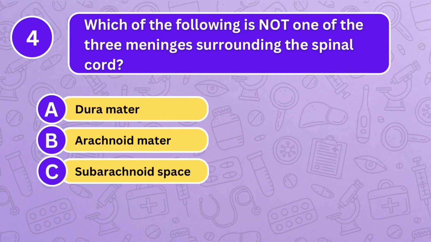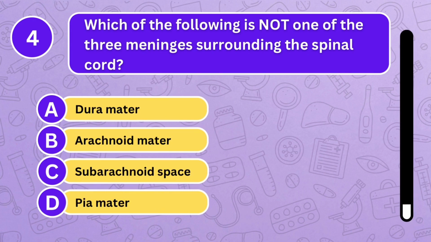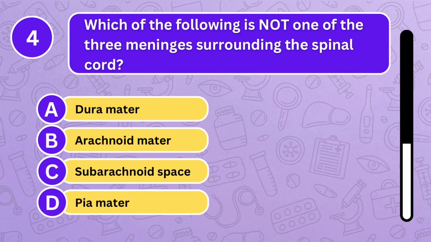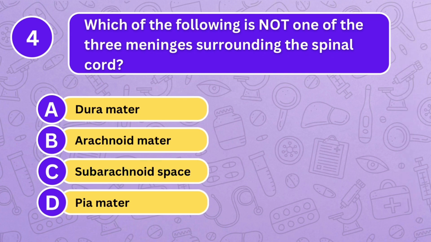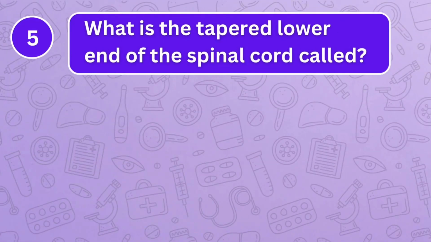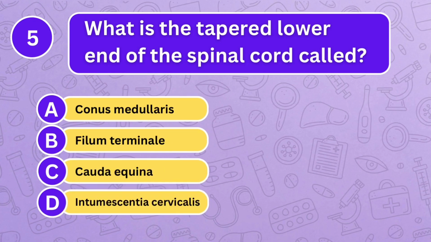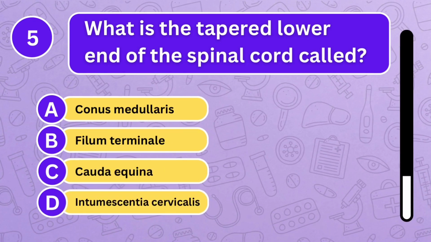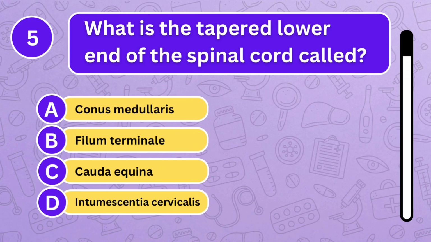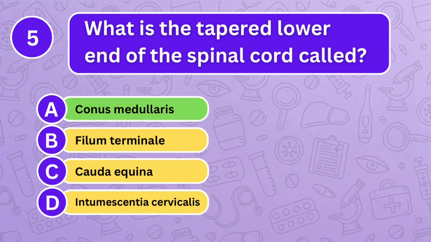Which of the following is not one of the three meninges surrounding the spinal cord? Subarachnoid space. What is the tapered lower end of the spinal cord called? Conus medullaris.